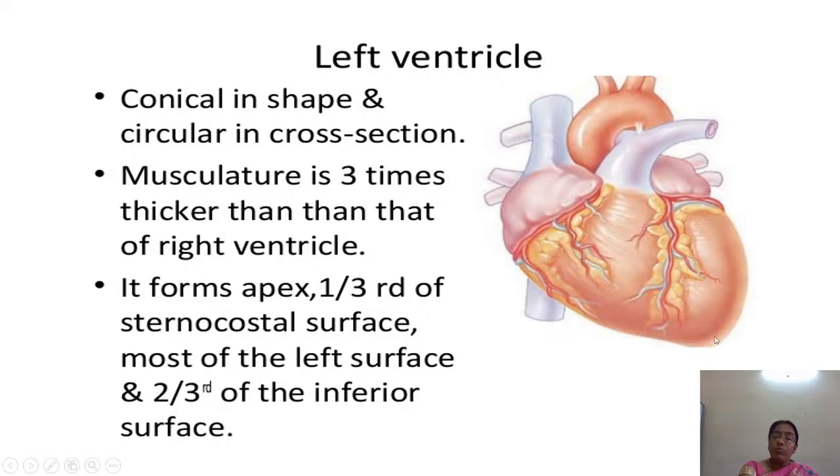Next, as all of you by now know, the left ventricle forms the external feature, the apex. The apex is formed by the left ventricle, and 1/3 of the sternocostal surface is formed by the left ventricle, and most of the left surface, that is 2/3 of the inferior surface.